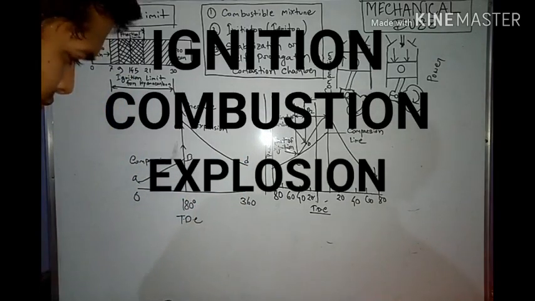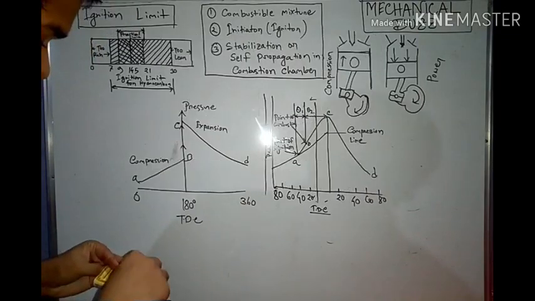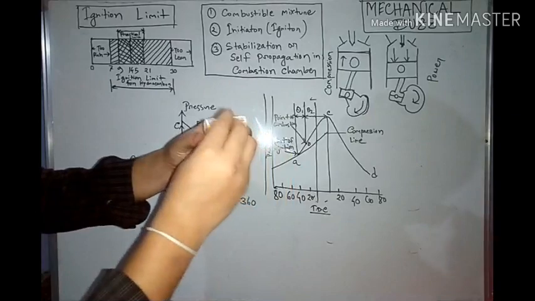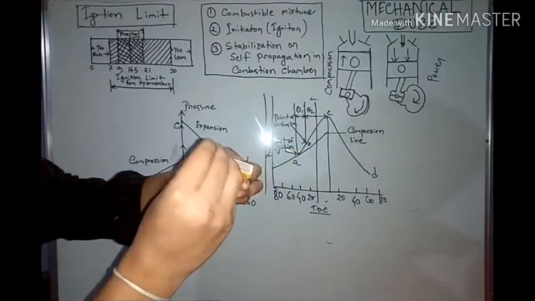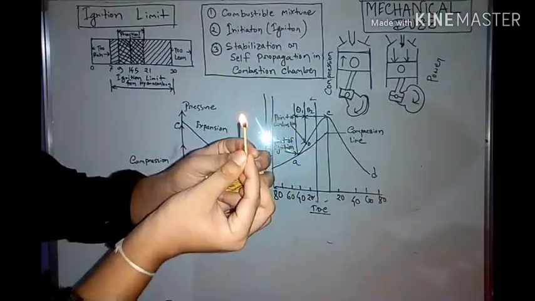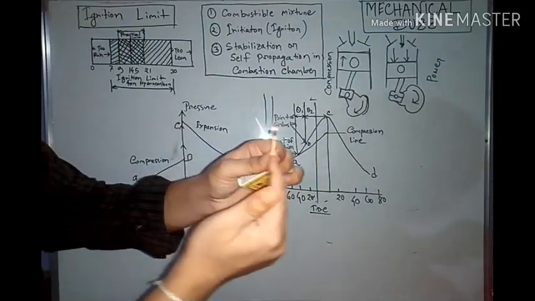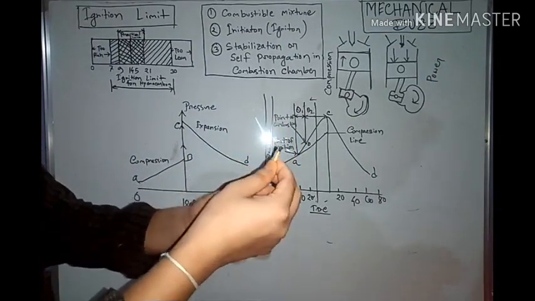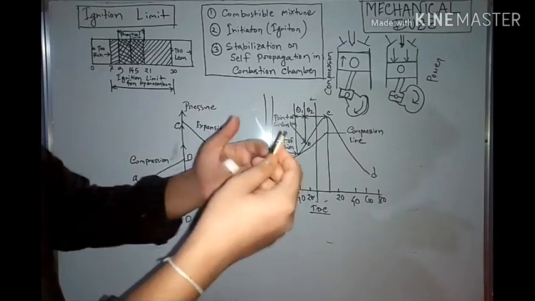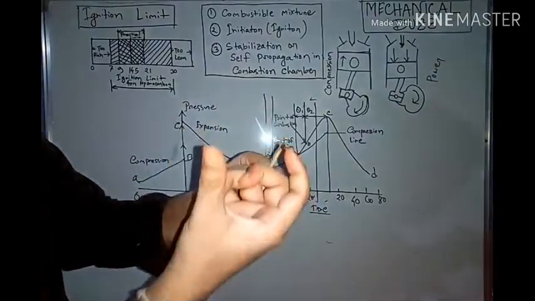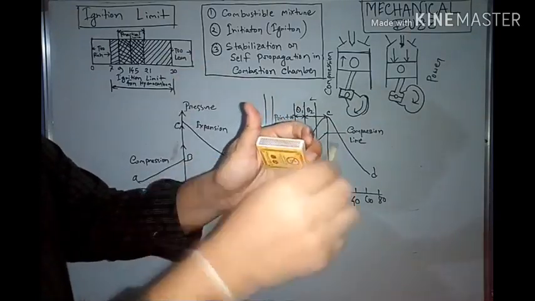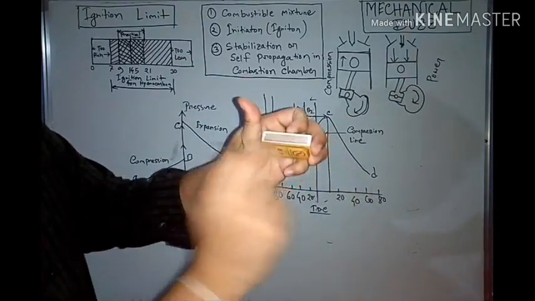So we tried to understand that through a match. This is a match, and if I ignite it, it's going to burn. Before it is totally burned, it gets some flames, or a little spark created by friction, by rubbing on this side.